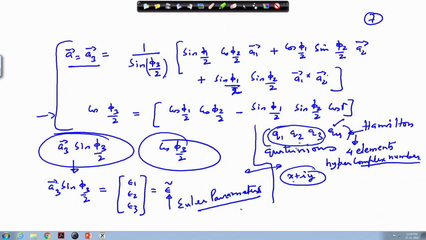However, if you are doing the mathematics, equivalently you can say that we are working with the quaternions, but in a strict sense this is Euler parameter, and here this set is called the Hamilton quaternions, which was obviously developed by Hamilton.